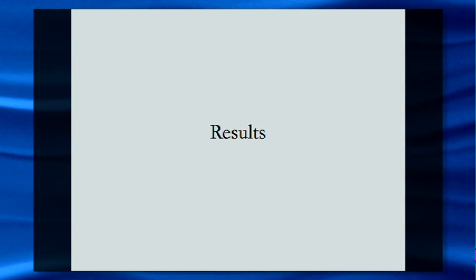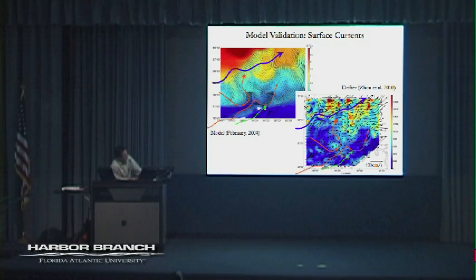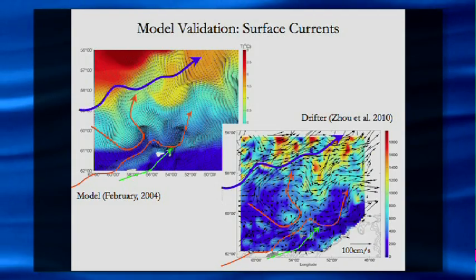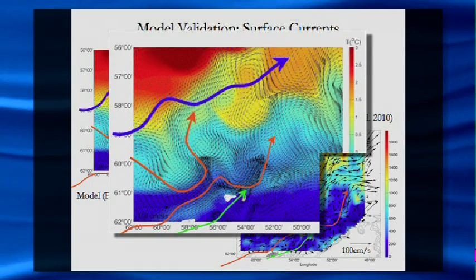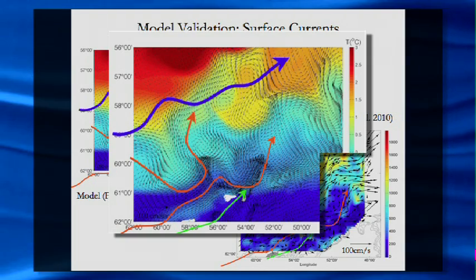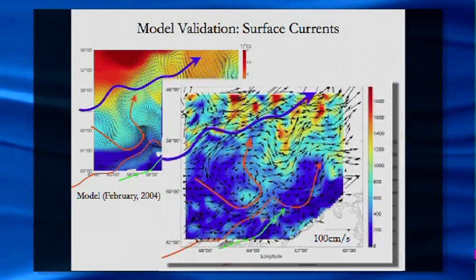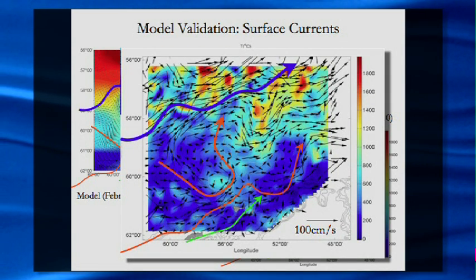So the first thing after you run the model is model calibration, and then you go on to model validation. What that means is that you use the model output to compare with the data. This is one comparison of surface current. This is the model surface current, where color is temperature, and this is the surface current from the so-called drifter data.